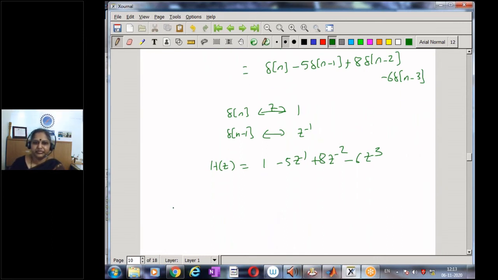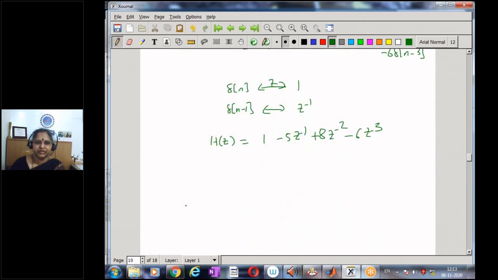Moving further, the next method of representing is the pole zero plot. We just make it in positive powers of z, so I multiply all terms by z cubed.